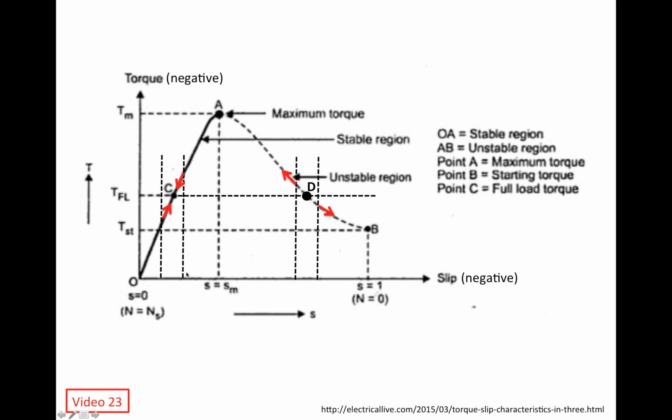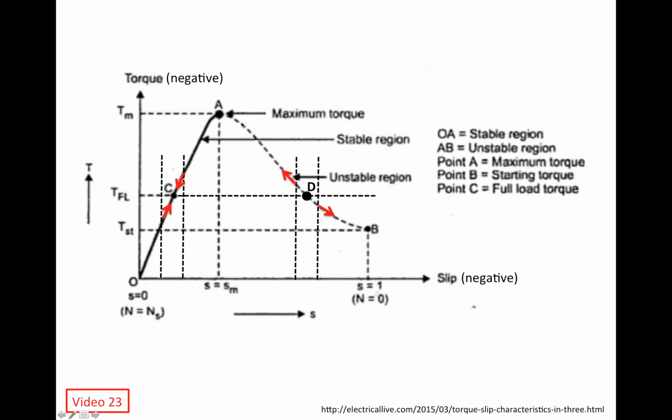But the rotor speed cannot exceed the synchronous speed by too much, because if the slip becomes too negative, for example, it goes to the right of Sm, then the machine will enter this unstable region, right? That's what we do not want to happen, right?